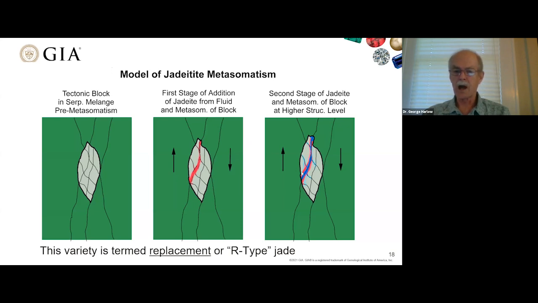And in fact, the whole rock may be totally replaced by jade. We've called that the replacement type of jade, or R type of jade. Most deposits have a bit of both. Some are demonstrably the primary type, like in Myanmar and Guatemala, and other places, like for example in the Alps, tend to have a lot of the replacement type.